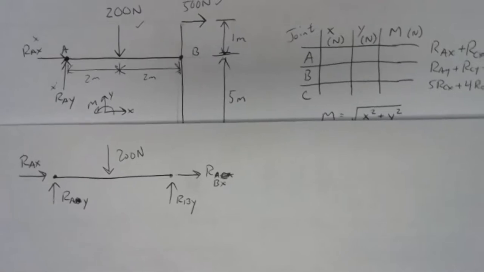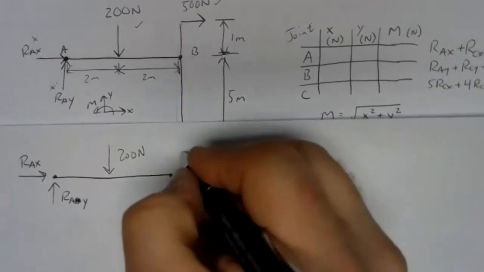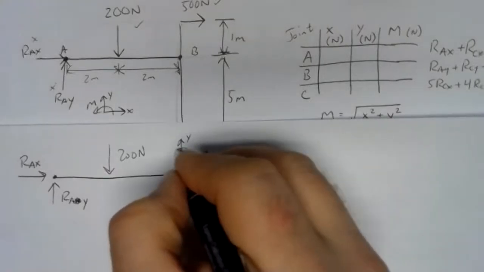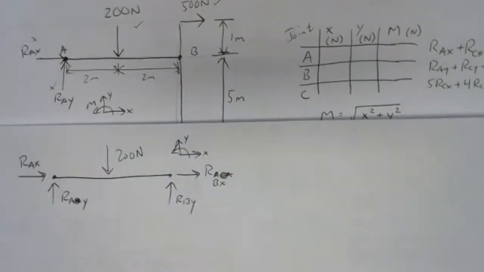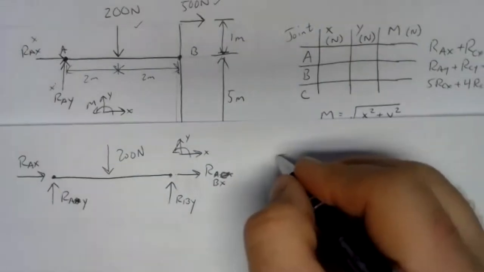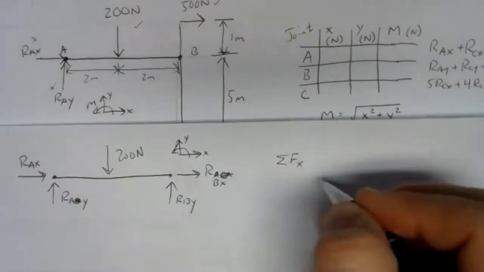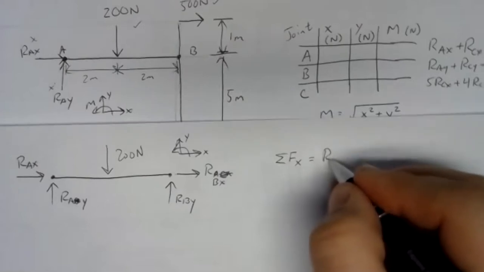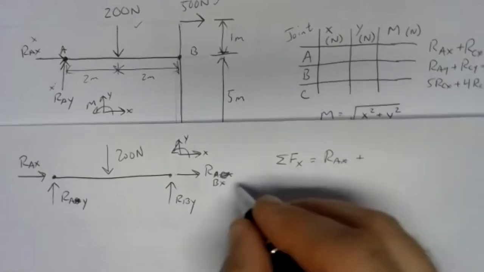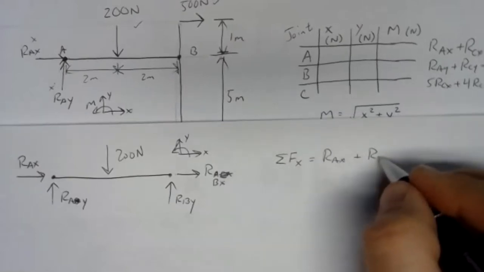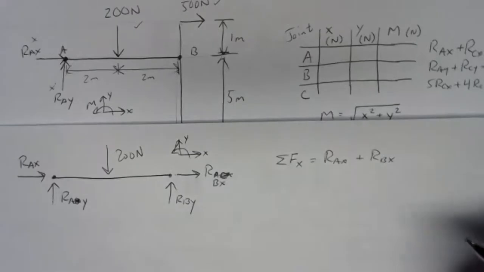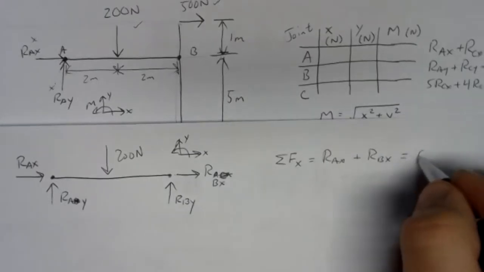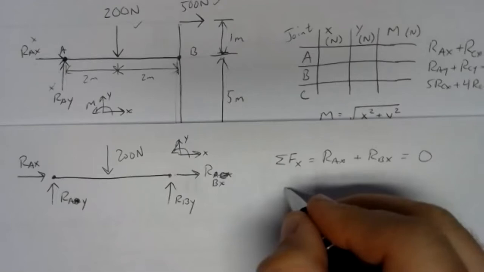Well, we can come up with our equations of equilibrium for that once we have our coordinate system defined. We have our sum of forces in the x direction. We have a positive RAX and a positive RBX. Nothing else there. No other forces in the x direction, so that sum is equal to 0.